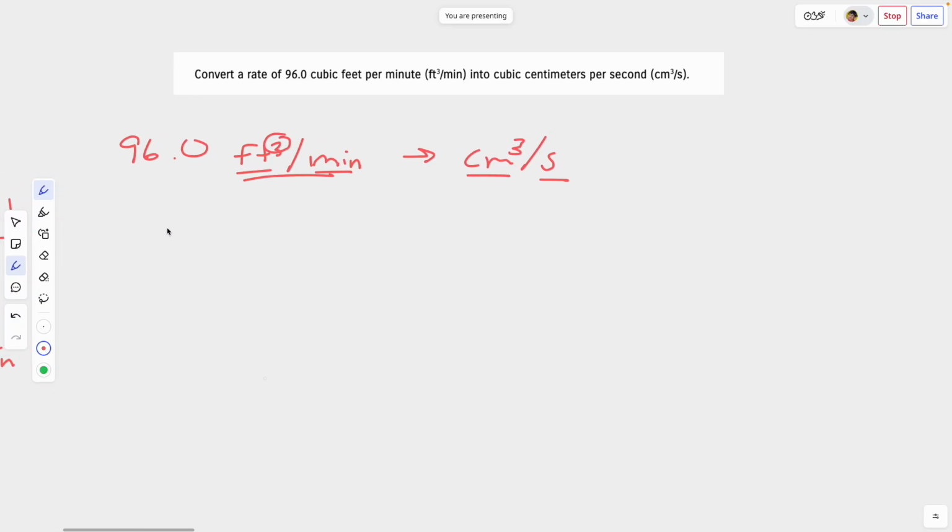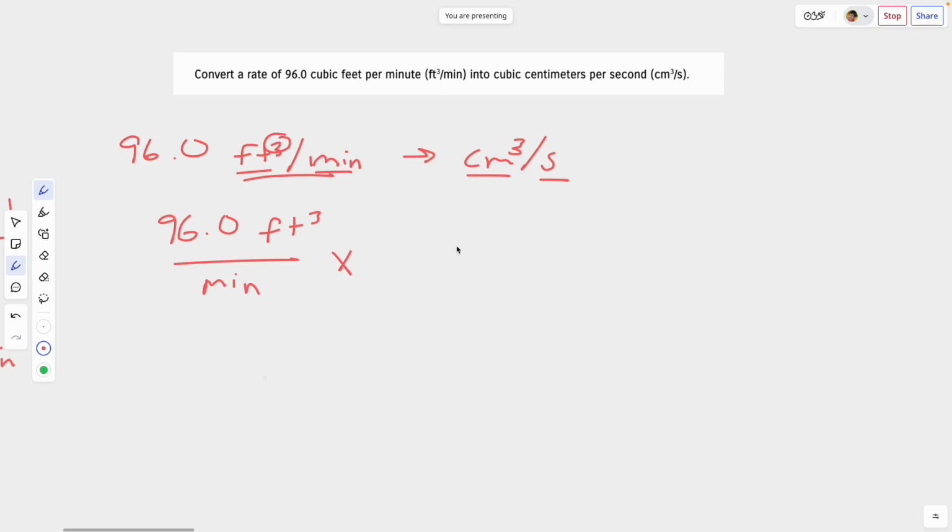So we can start out by writing what we're given, which is 96 cubic feet per minute. And now we have to multiply this by a certain conversion factor that helps us get closer to this final unit over here. So for now, let's deal with the denominator first, because it's pretty simple.